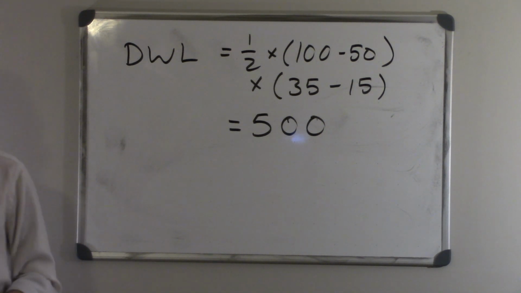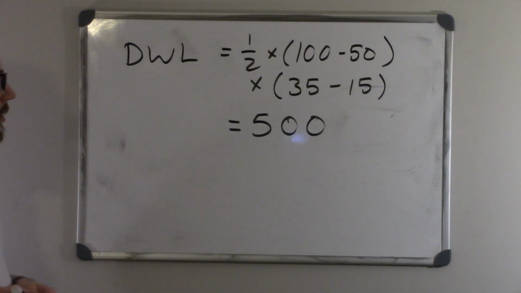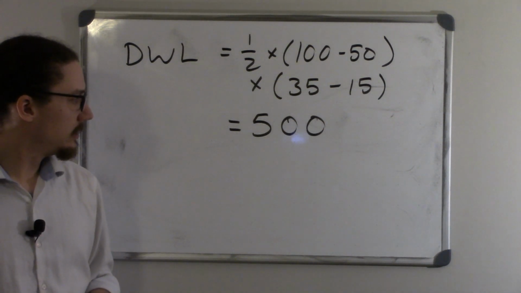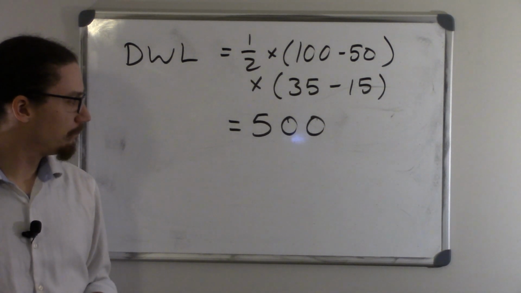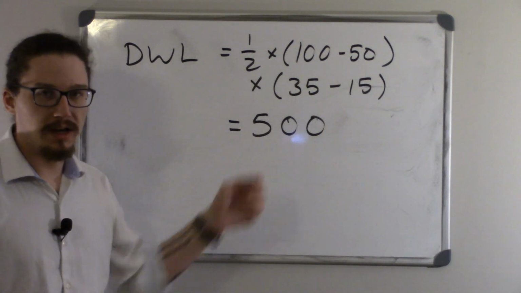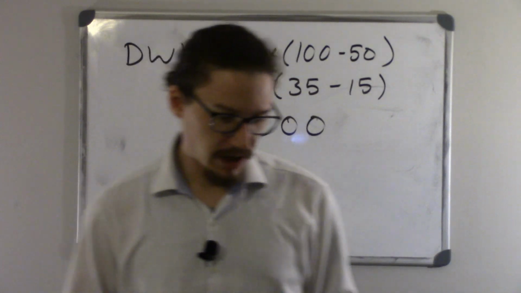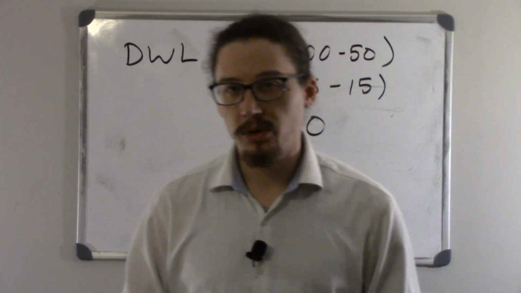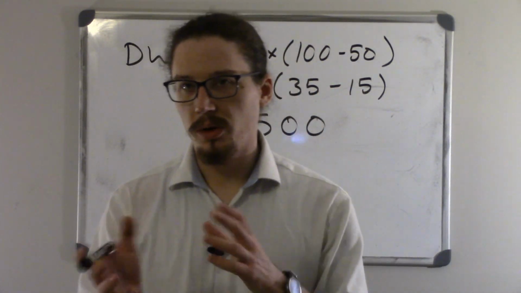So that is the loss of total surplus that comes from this price ceiling.